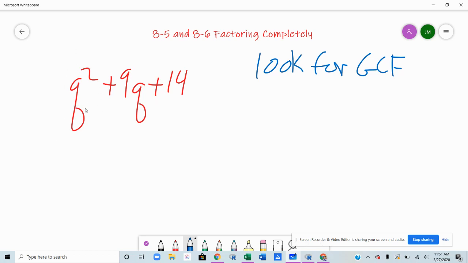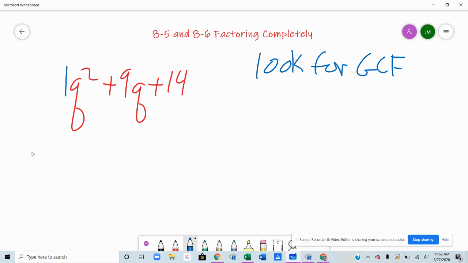So I have q squared, 9q, and 14. Remember there's a 1 here, 1, 9, and 14. Nothing that they have in common for numbers. Q squared, q to the first, and no q's, which means since this one doesn't have any, they don't have any q's in common either. So no GCF for this.